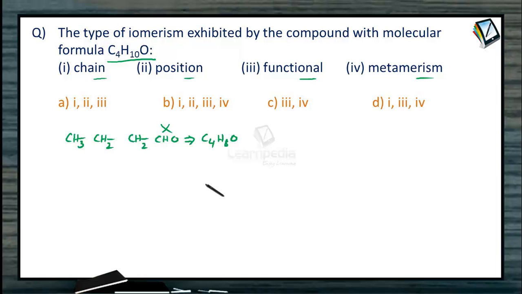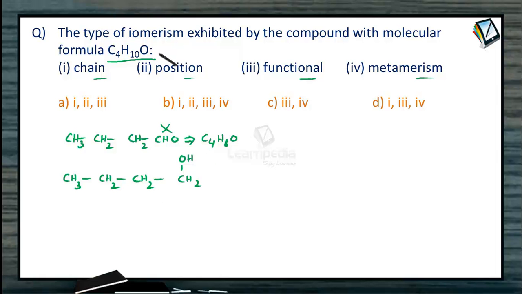Now let us check whether it can be an alcohol or not. Again let us write the 4 carbon atoms and an OH group. I am writing the OH group on the first carbon and writing down the hydrogens for satisfying the remaining valencies of carbon. So it becomes like this. The molecular formula for this one is again C4 and hydrogens 3, 2, 5, 7, 9 and 10.